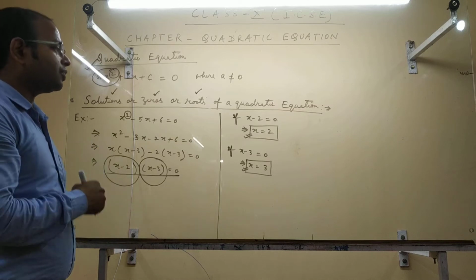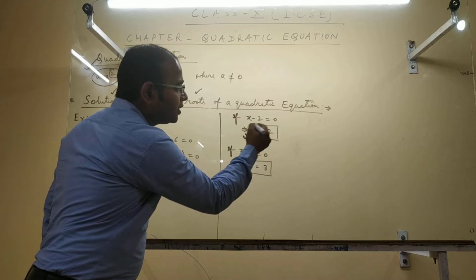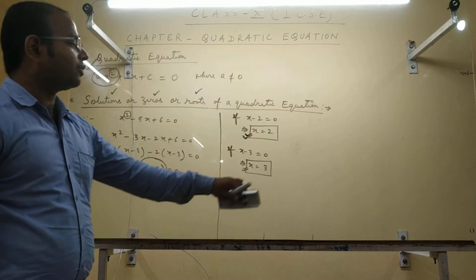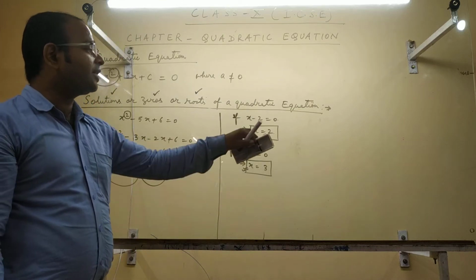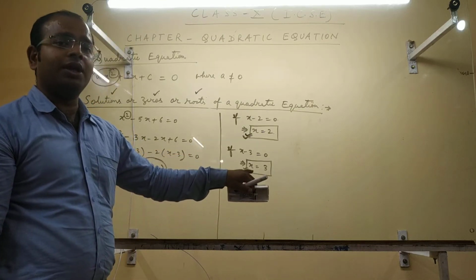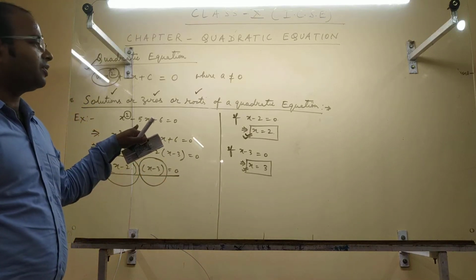two zeros. The value of the first solution is x is equal to 2 and the value of the second solution is x is equal to 3. We can verify whether x is equal to 2 or x is equal to 3 is a solution of this quadratic equation or not.